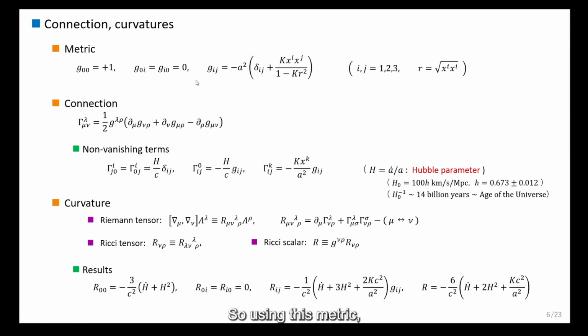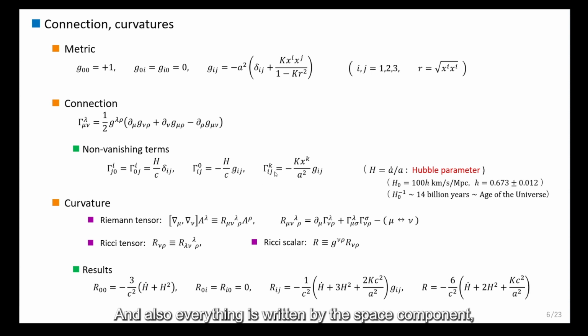Using this metric, you can calculate the connection defined by this one. The non-zero terms are just three kinds. One is given like this, and also the 0ij type of connection gives this part.